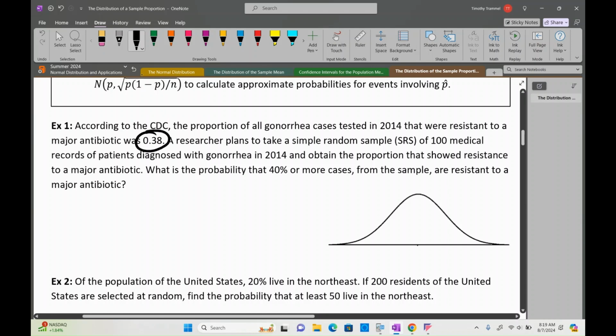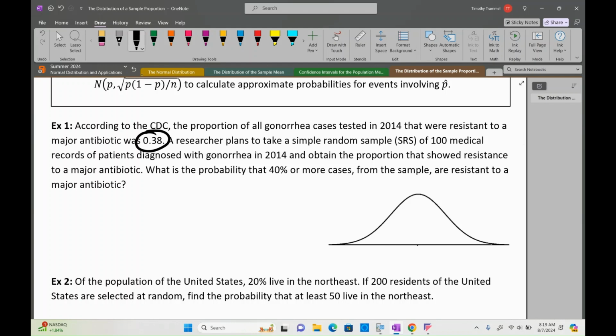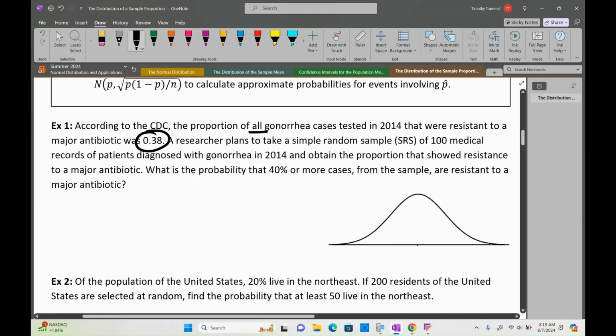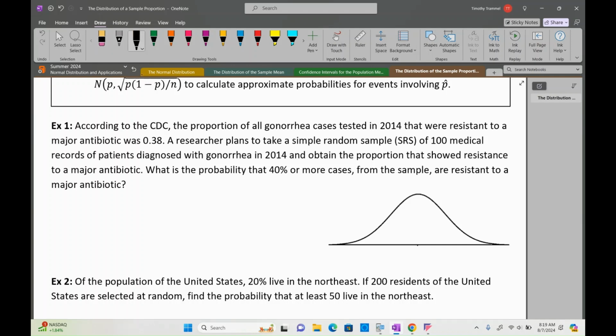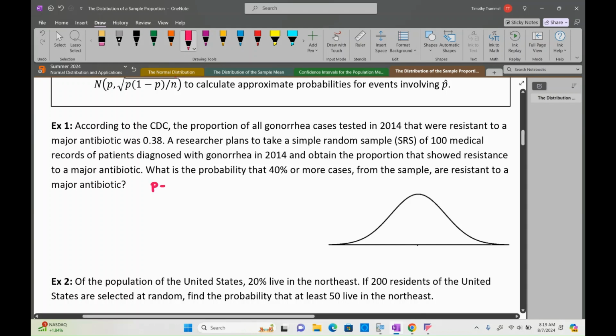First of all, let's think about maybe what this number here is. So this says all, right? They're talking about a population proportion here. So I'm going to go ahead and write that in. P is 0.38.